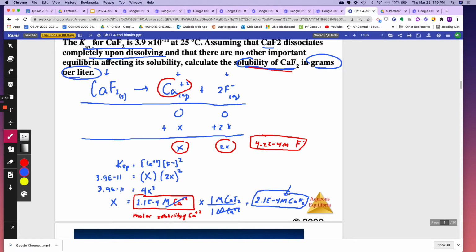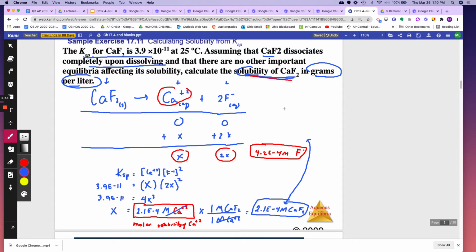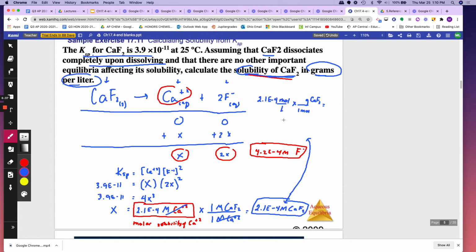I can take the molar solubility, which is, let me just do it here, 2.1 E negative 4. The molar means moles per liter. If I want to change that to grams per liter, all I have to do is change the moles to grams of CaF2, and that will get me to grams per liter. So just get the molar mass and you multiply and you'll get the answer. Okay?